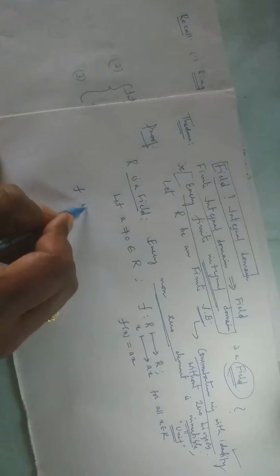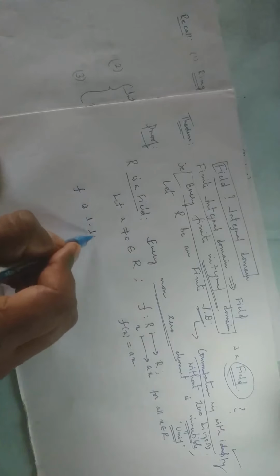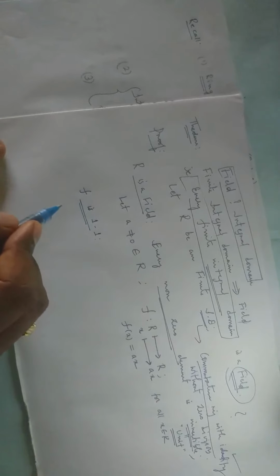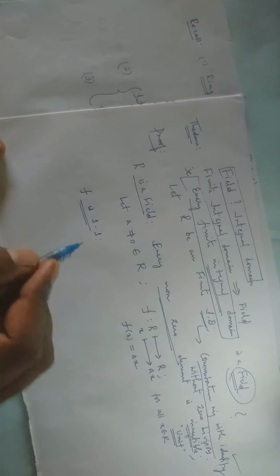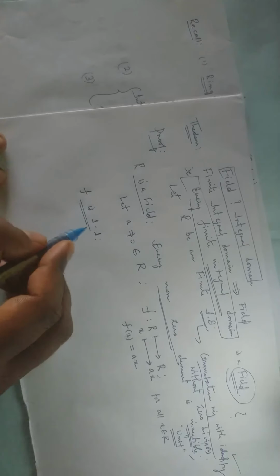That is the rule I define. Now what I will show is this map F is 1-1. What is the need of showing this F is 1-1? We'll come to it. So let me show it's 1-1.